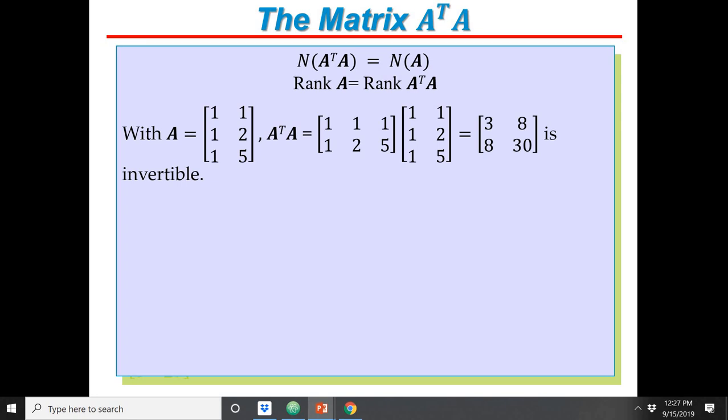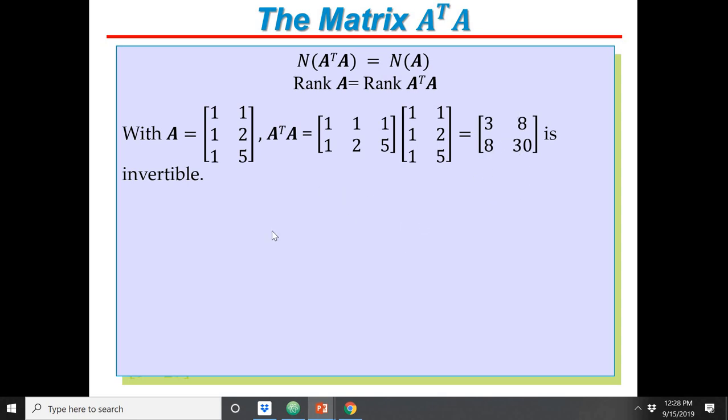invertible. So in general, the 2 properties for A transpose A that I want you to remember, and we will come back to it, is that the null space of A is the same as the null space of A transpose A, and that the rank of A transpose A is the same as the rank of A. So to be able to invert A transpose A, the null space of A has to be equal to 0, and that's the case in this particular example.